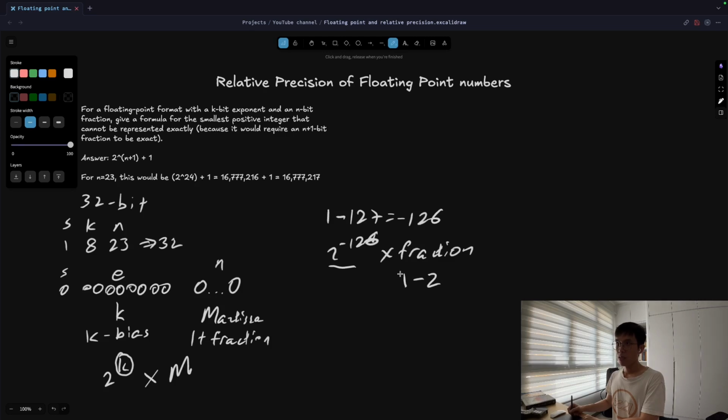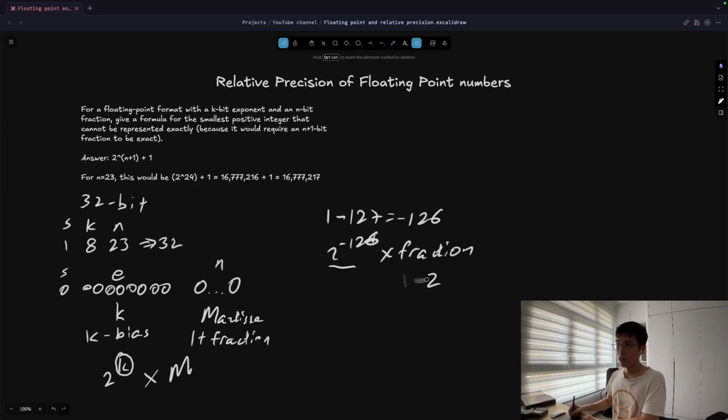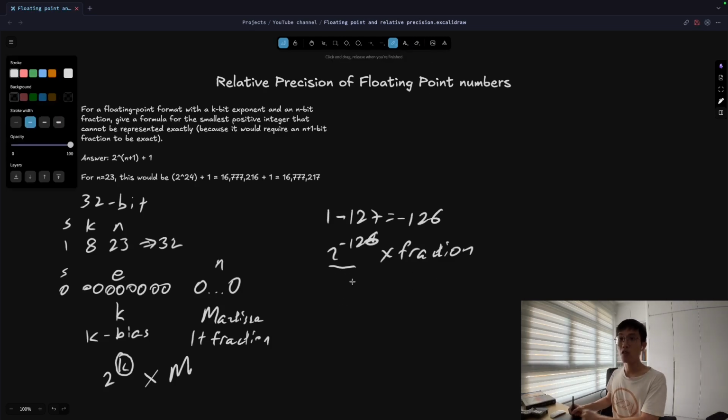In essence, that means whenever we increase the exponent by 1, the value of e rather, which increases the value of the exponent k by 1, this goes to 2 to the power of minus 125, and so on and so forth until you get 2 to the power of, let's use 23 in this case, right?